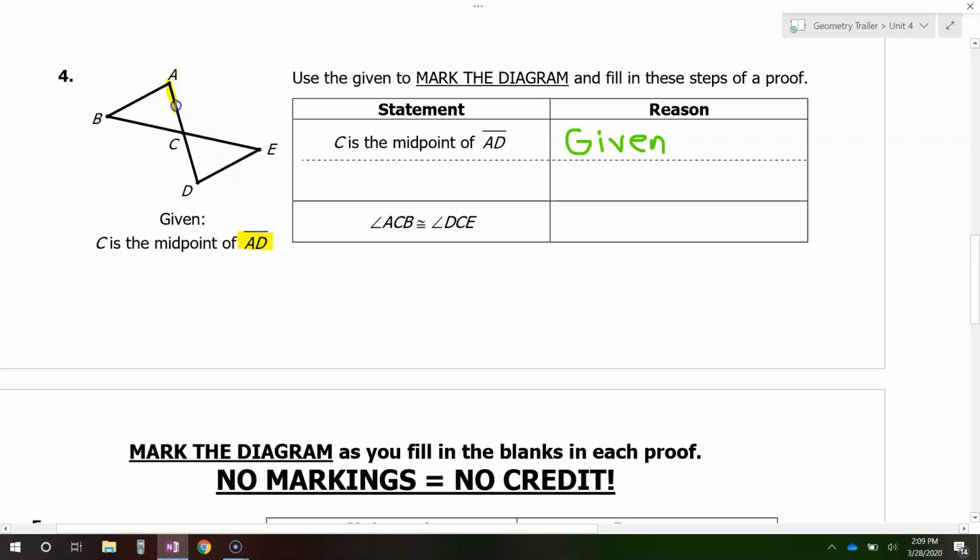Segment AD is this right here in yellow. All right, that's segment AD. So if C is the midpoint of that, that means that this side is congruent to this side. And in fact, that's what the next statement is. Segment AC is congruent to segment CD.